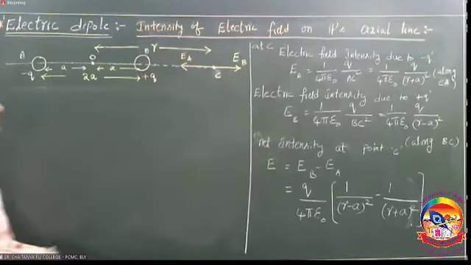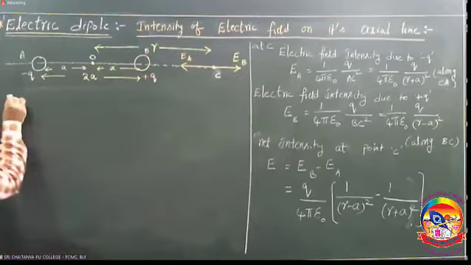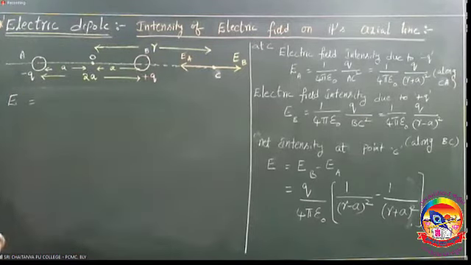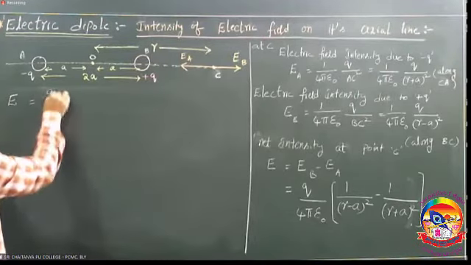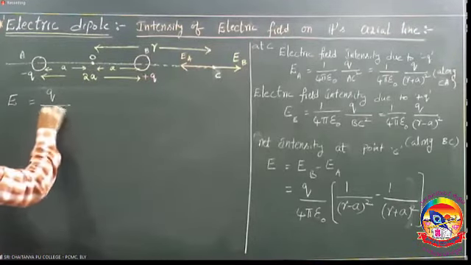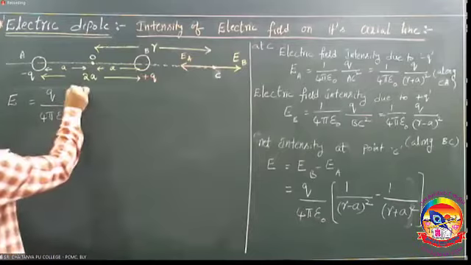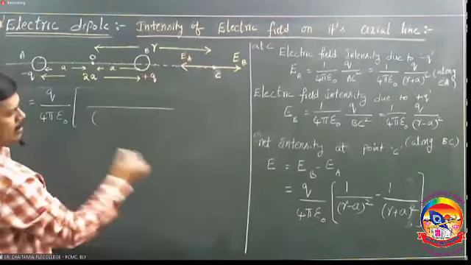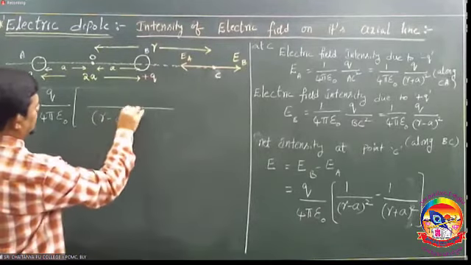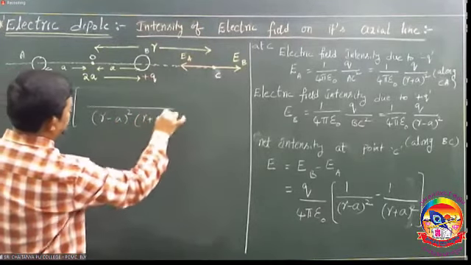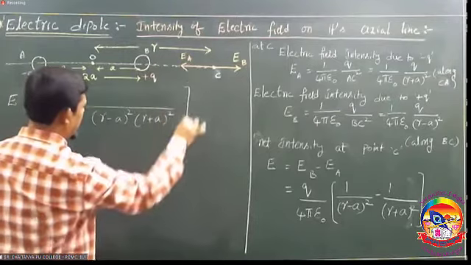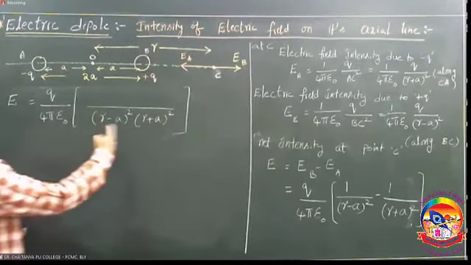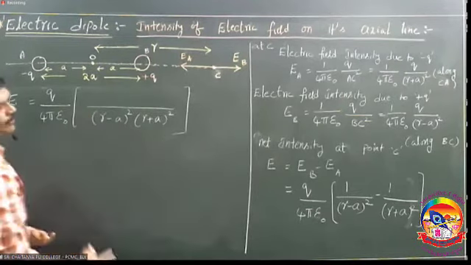What is the next step from here? E is equal to Q by 4 pi epsilon naught, over r minus a whole square into r plus a whole square. Then what comes here?